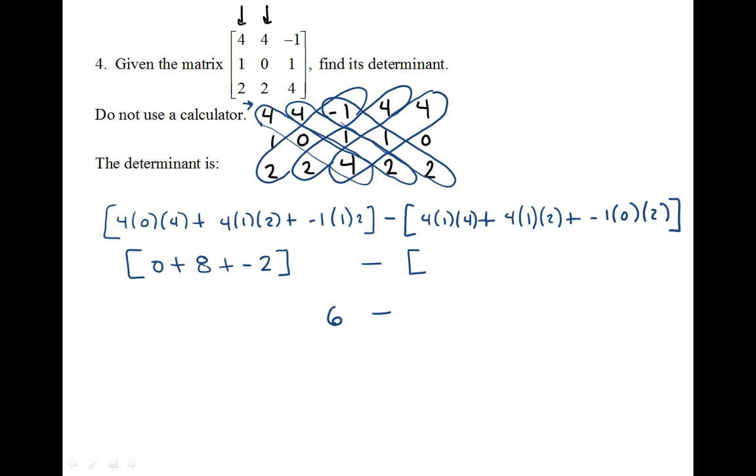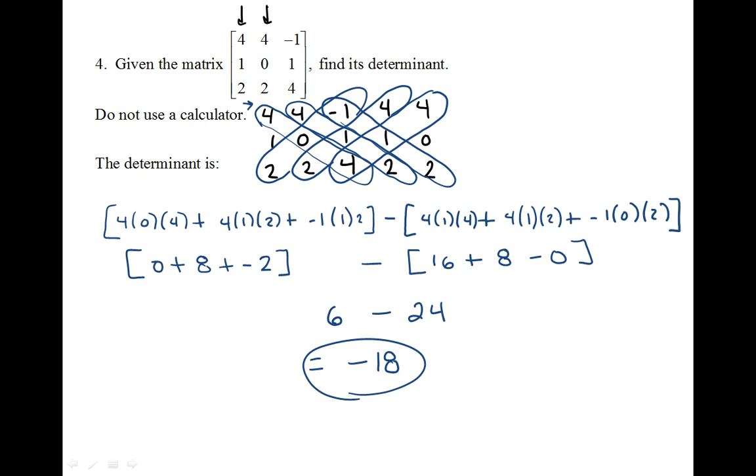This side, 4 times 1 is 4 times 4 is 16 plus 8 minus 0. So we have 6 minus 24, which is equal to negative 18.